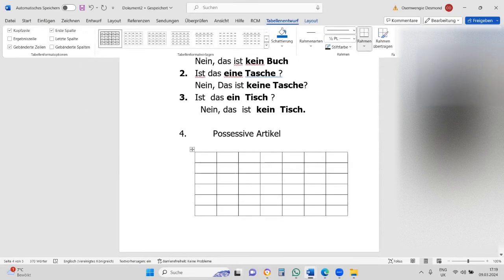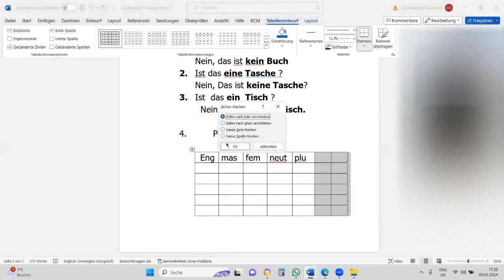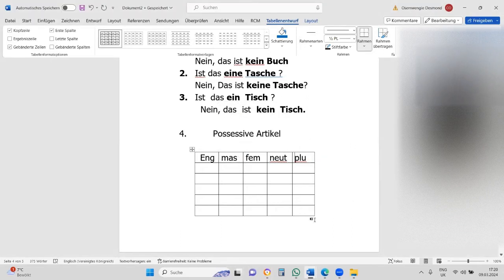So we have the English format, and the German format for masculine nouns, feminine nouns, neutral nouns, and plural nouns. I will move this page here. All right, I believe this will suffice in explaining better.